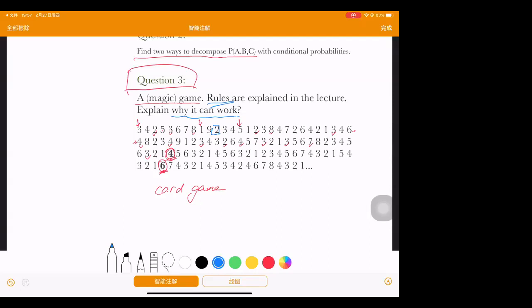You just choose a random start point and you count the numbers. If you arrive at 3, you count 3 numbers. You arrive at a new number, then you count that number of positions, and finally you arrive at this 4. If you don't arrive at this 4, you arrive at this 6.